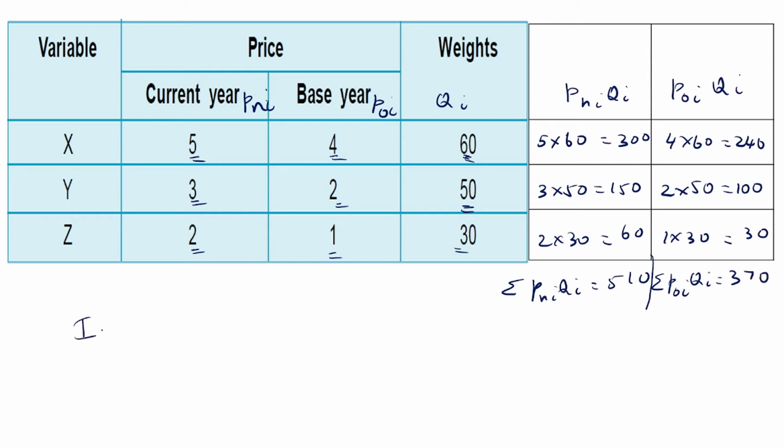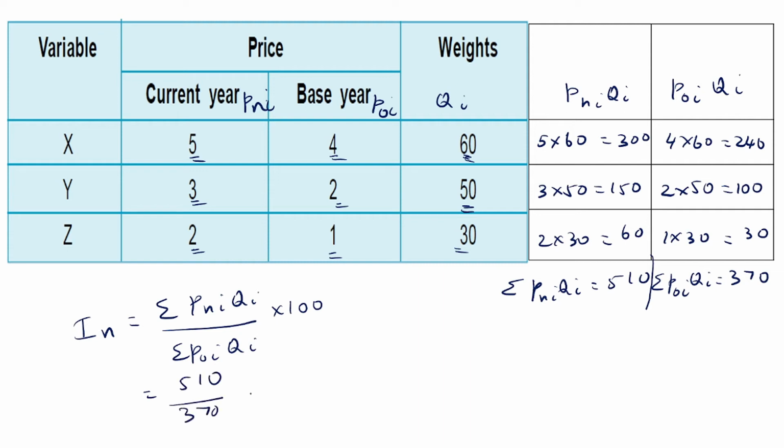So In, as I already mentioned, the formula is given by summation Pni Qi upon summation P0i Qi into 100. So it is equal to 510 upon 370 into 100, or it is equal to 137.8. This is approximately equal to 138.